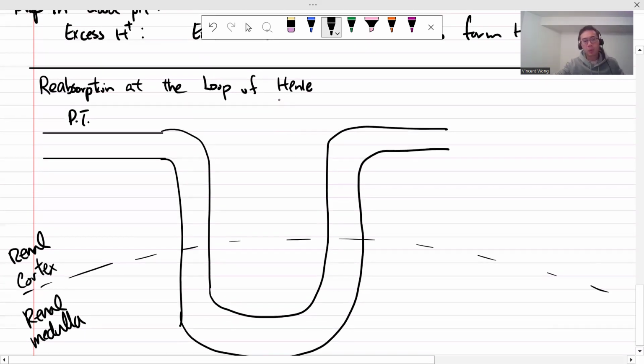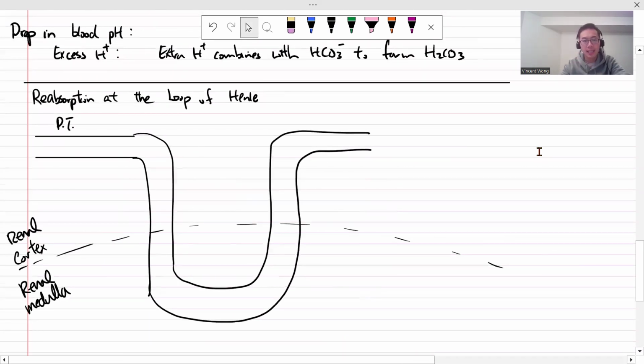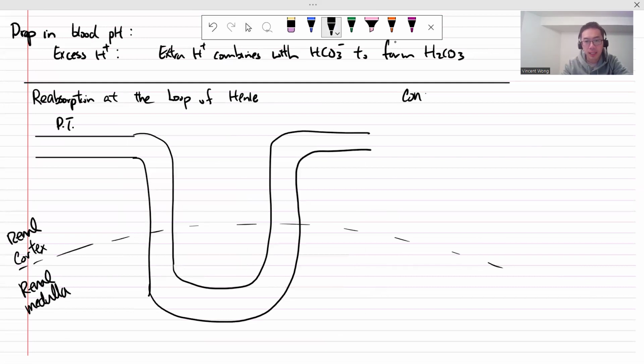Now, we measure the concentration of a fluid, we call that osmolarity. Osmotic pressure, right? You remember that from lecture 1.